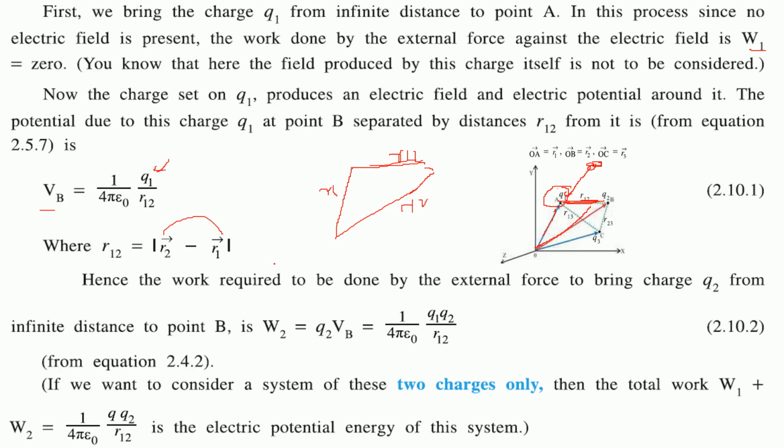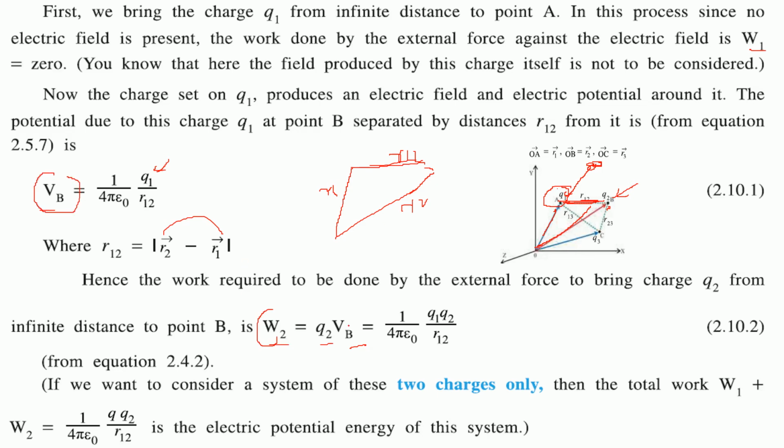So the work required to be done by the external force to bring this charge Q2 from infinite distance to this point B, we'll use the same thing. This is VB, this is potential. But we are talking about the work done.